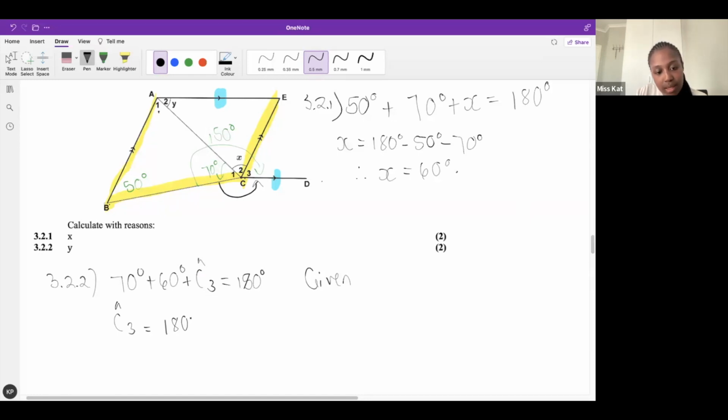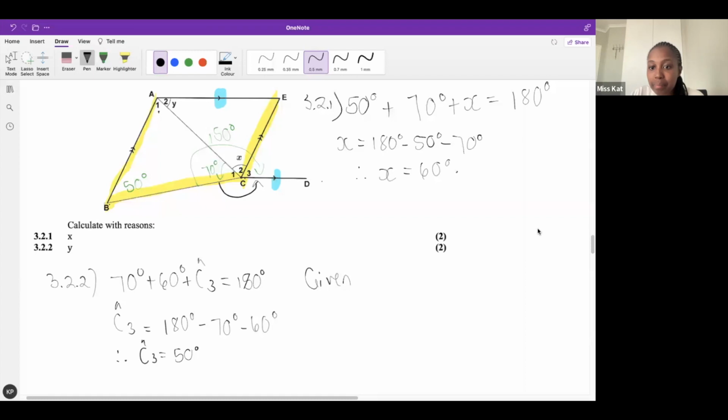It's 180 minus 70, minus 60 degrees. Therefore, C3 is 50 degrees, I believe. All right, you see it. Okay, Y is 50. No, wait. Let's see where I'm going with this. Yes, Tando?